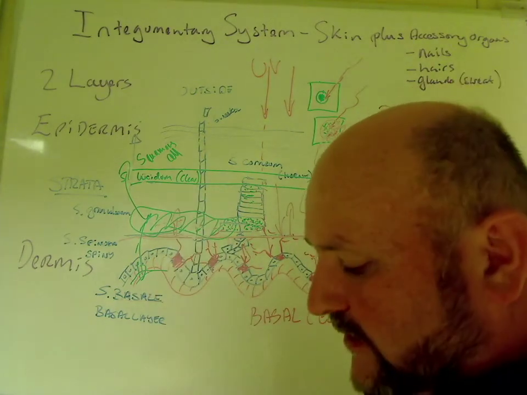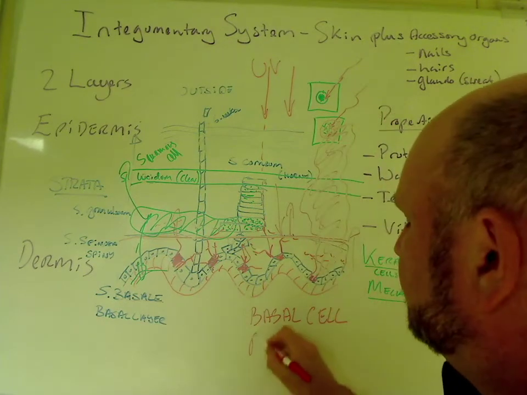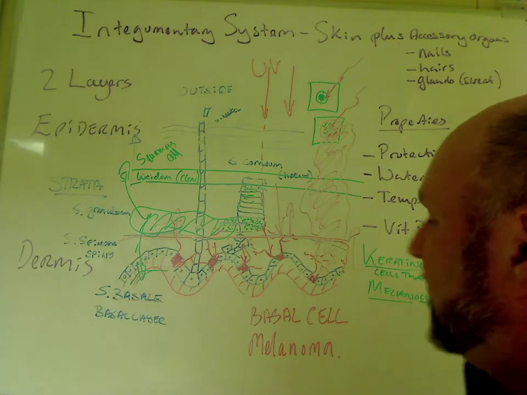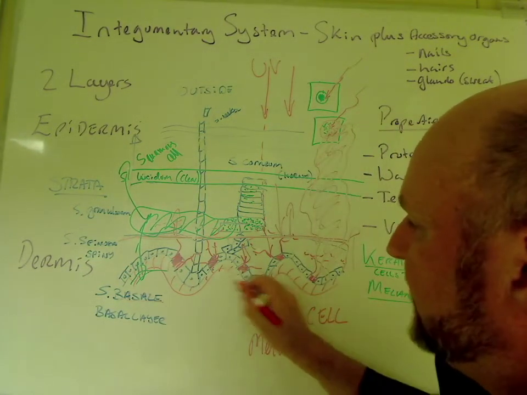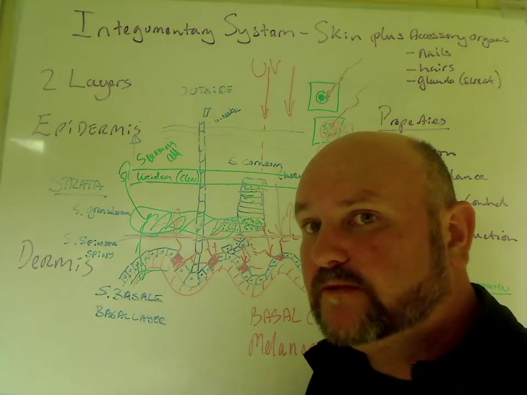And finally, we have melanoma. Melanoma, as you might now understand, is cancer directly affecting the melanocyte, which is producing the pigment.